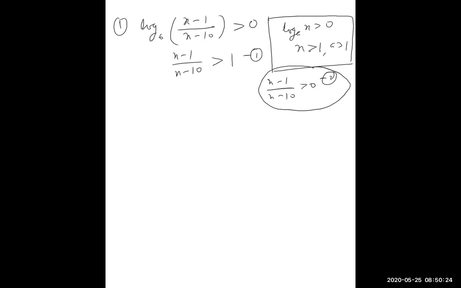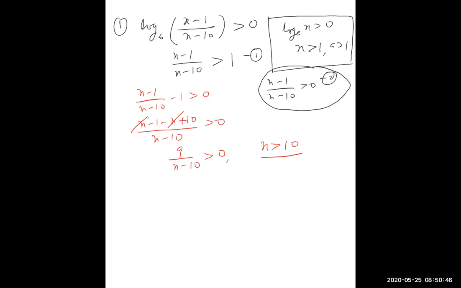What was that method? I will make the right hand side 0. So write x minus 1 upon x minus 10 minus 1 must be greater than 0. Take LCM x minus 10. X minus 1 minus x plus 10 must be greater than 0. X will cancel. So 9 upon x minus 10 must be greater than 0. That means x must be greater than 10. That is all. Because 9 is positive. So the answer will be x belongs to 10 to infinity. This will be the answer of this.